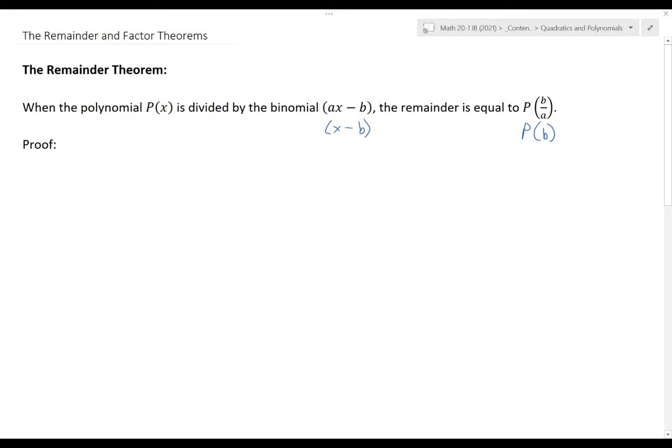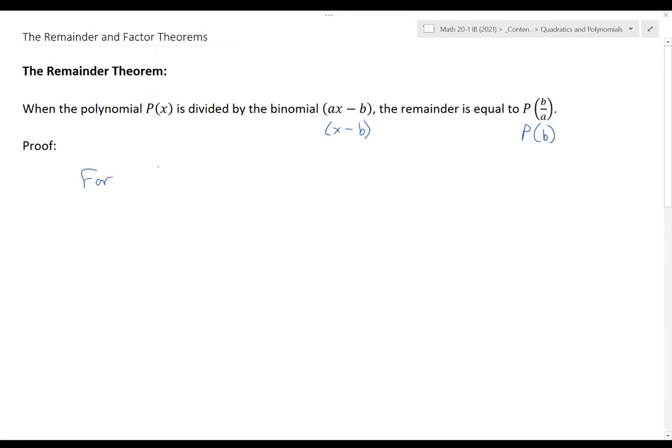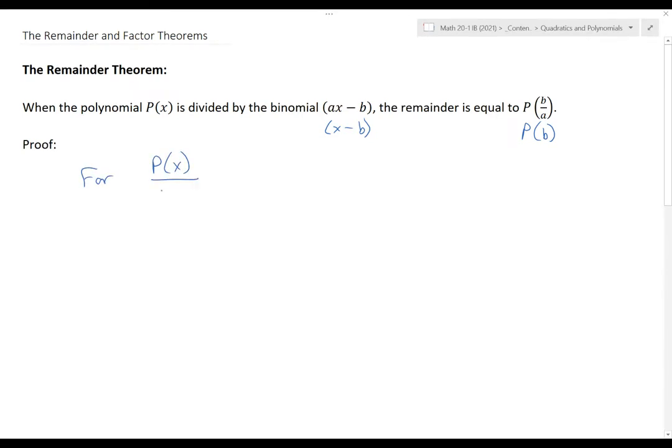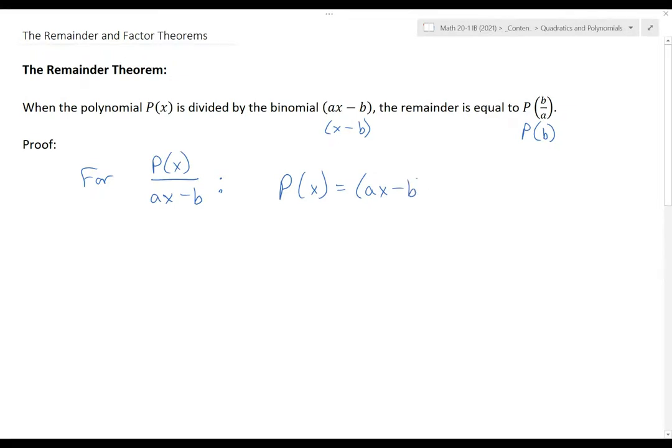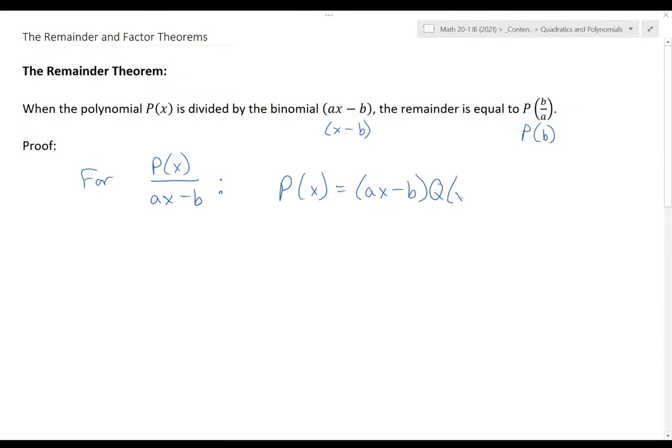The proof of this: recall that for the division p of x divided by ax minus b, we can write that division statement as p of x is equal to the divisor, ax minus b, times whatever the quotient ends up being.